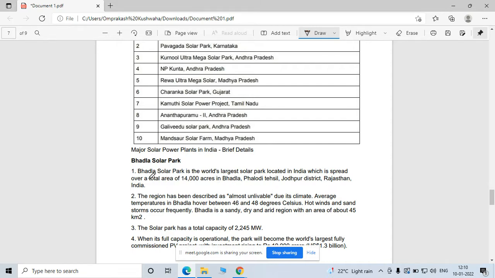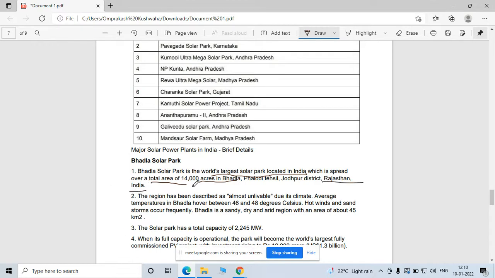This Bhadla Solar Park is the world's largest solar park, located in India, spread over a total area of 14,000 acres in Bhadla, Phalodi Tehsil, Jodhpur district in Rajasthan.